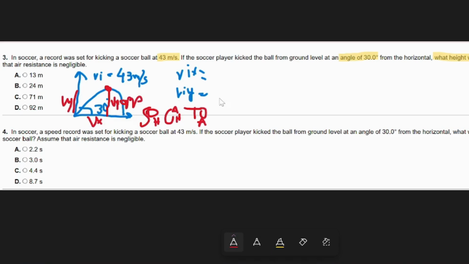So that means that for Vy, we are going to do Vi multiplied by sine theta. Then for Vx, Vi multiplied by cos theta, because this is adjacent to 30 degrees.